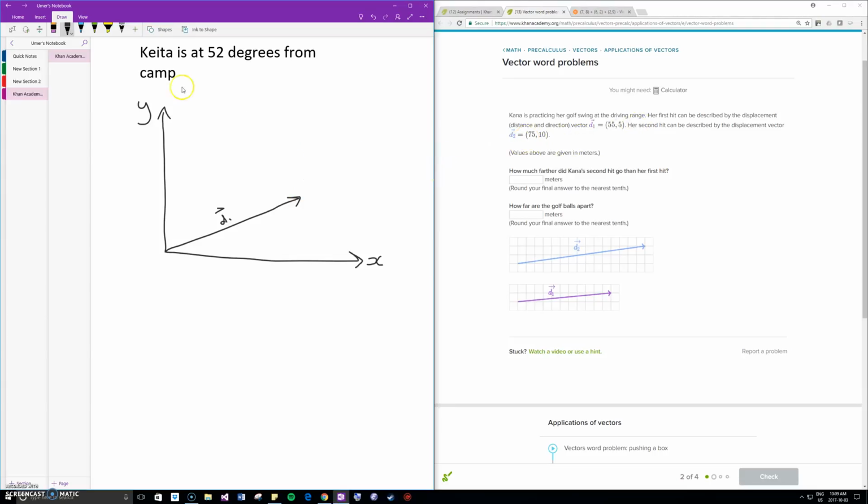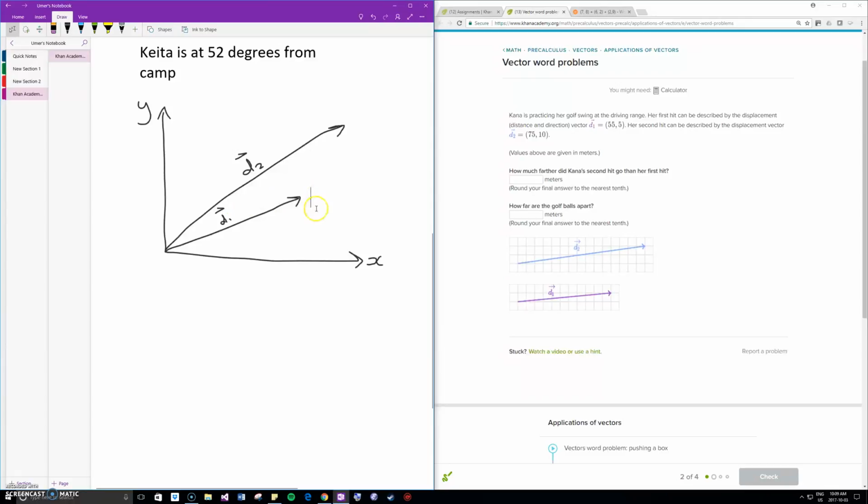Next one, 75.10. So let's say something like this. 75.10. This is the next one, D2. So I'll just type in this. Maybe I'll put it here.